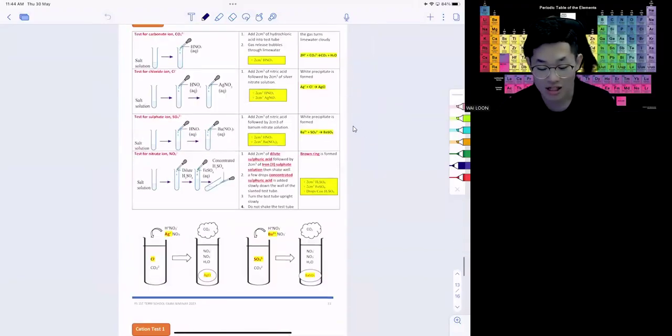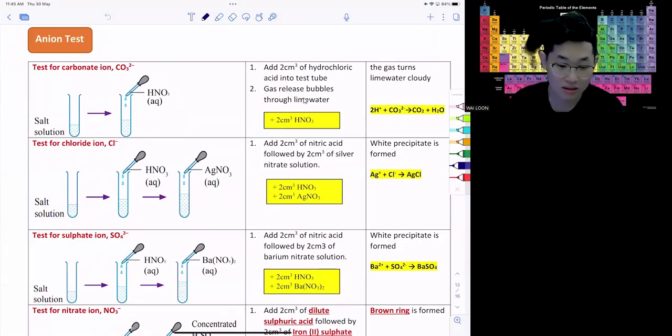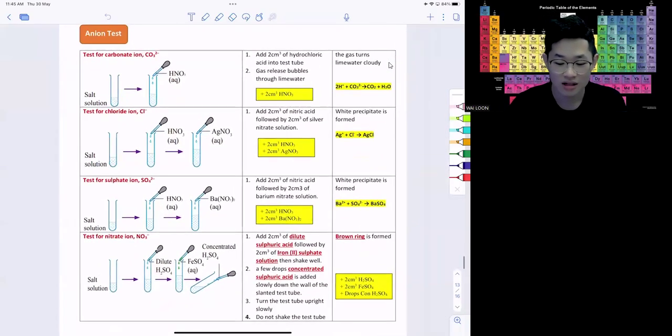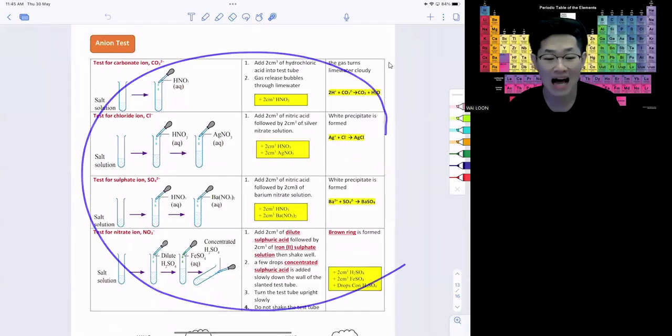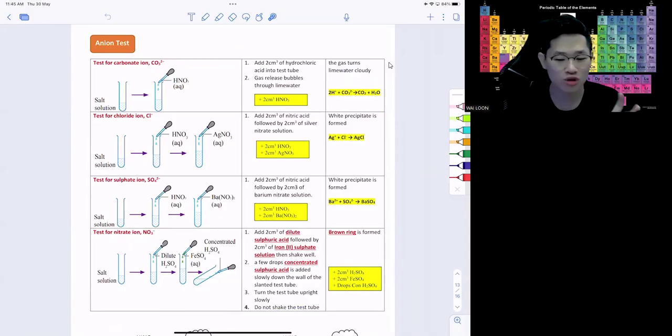We can look at page 13. Okay, page 13. In page 13, these are the 4 anion tests that can be carried out. And also what you have to memorize.